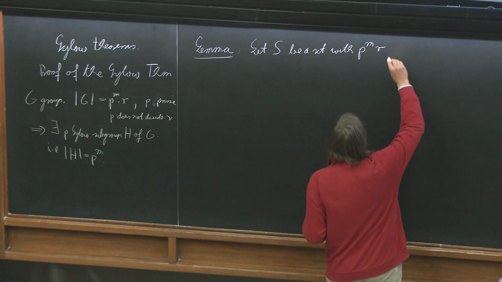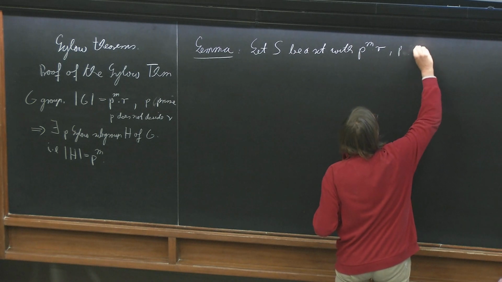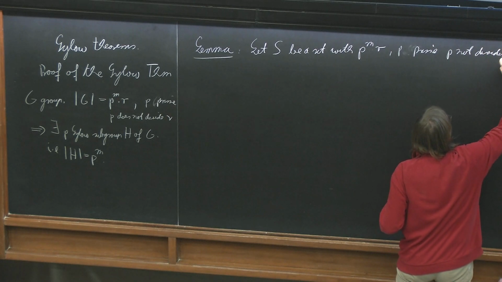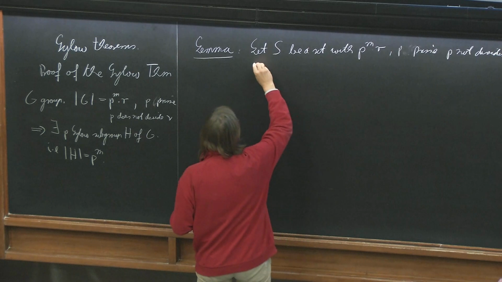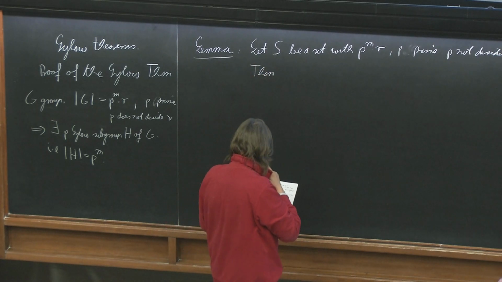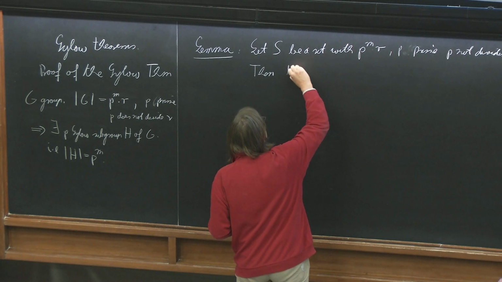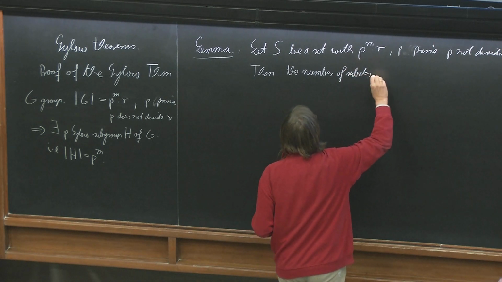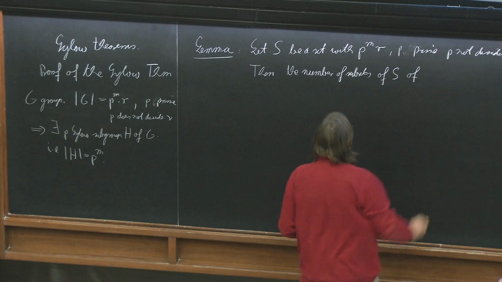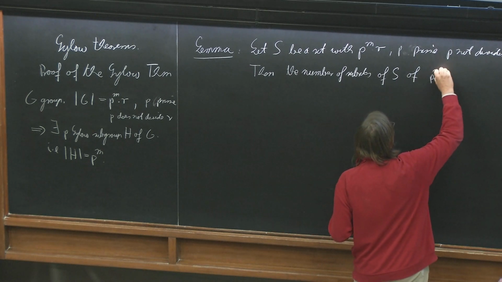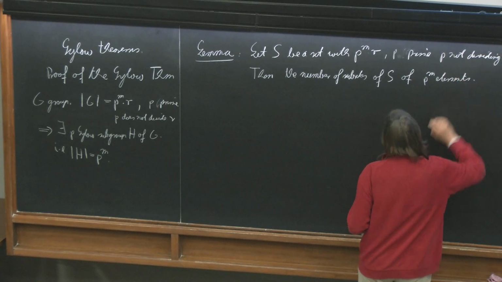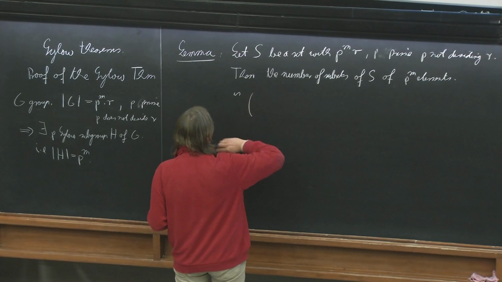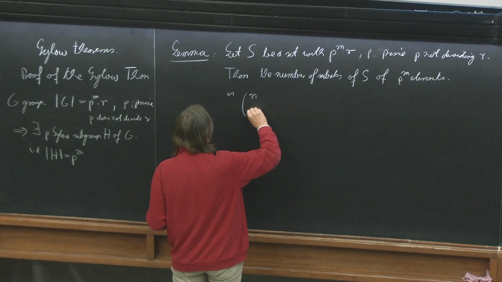Then, if I look at the number of subsets of S of p^m elements, it is this binomial coefficient. So I write it n choose p^m.